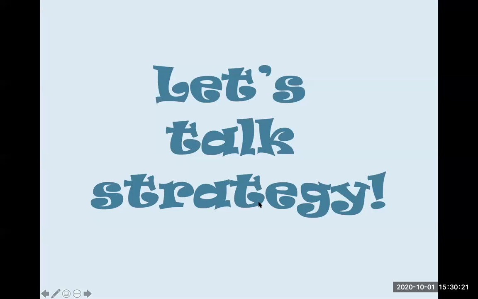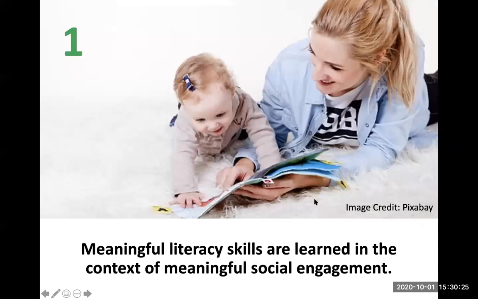So let's talk about strategies for the rest of the time that we are together. The first thing I want to talk about that you can do is remember that literacy skills, reading and writing, develop in a social context. And so the social engagement with your child as you read with them, as you write with them, is very, very important to the development of those skills that you're trying to get them to develop.